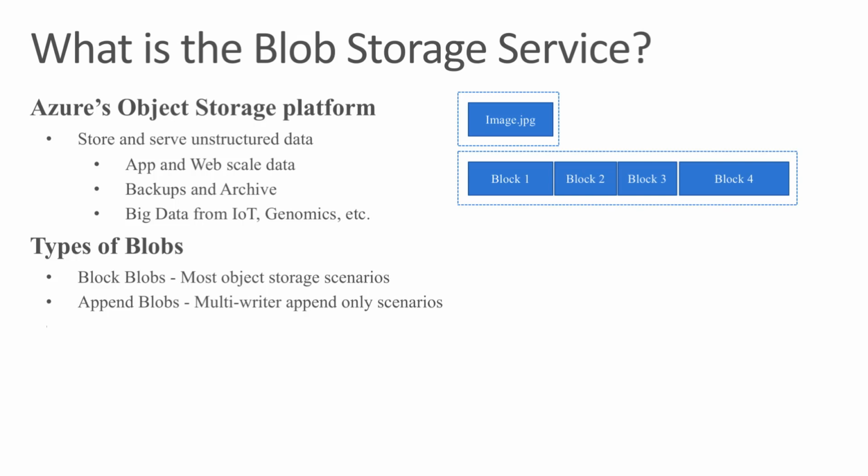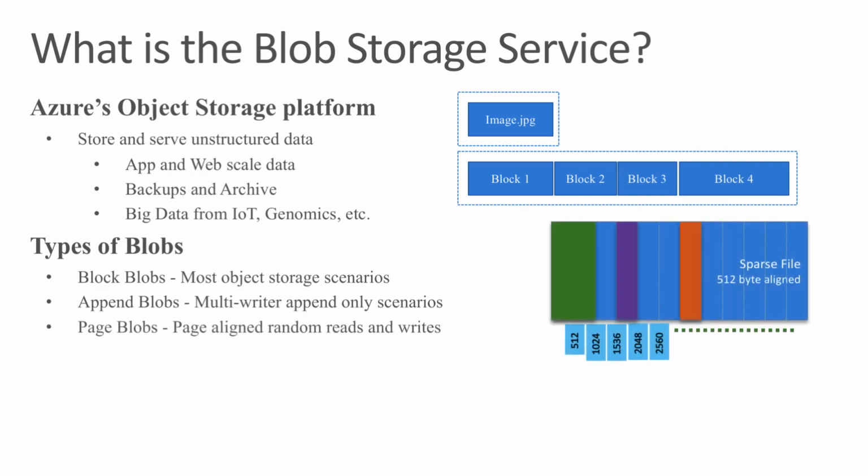An append blob is this notion of multiple writers storing data, but only appending data, not changing data. For example, storing video archive footage is a good example of an append blob. I'm not going to change anything, I'm just going to add, and many people, many entities, many applications, many sources can all add to this at the exact same time.